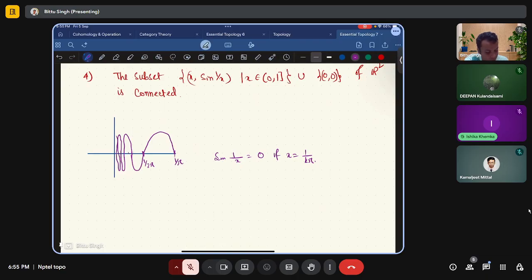This graph can be thought of as a map f from (0, 1] to R2, where f of x equals (x, sine 1/x). This domain is connected, because any interval in R is always connected.